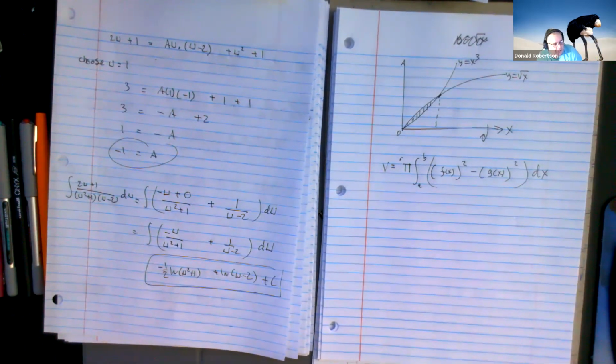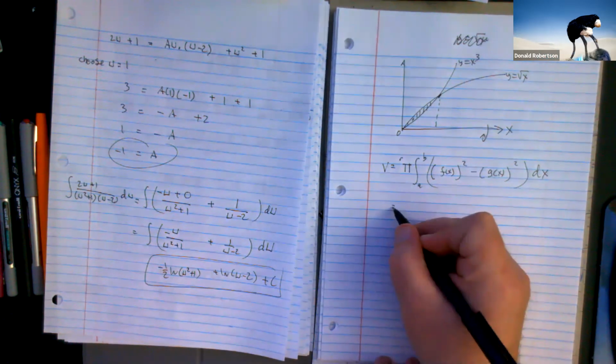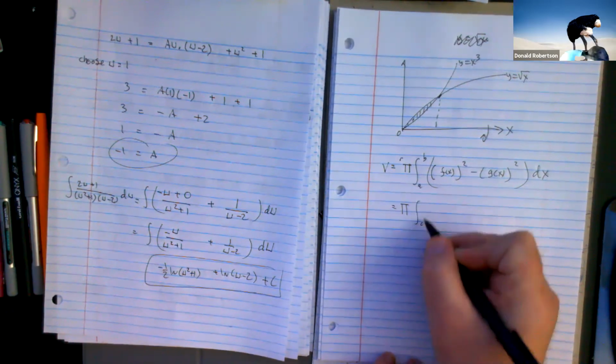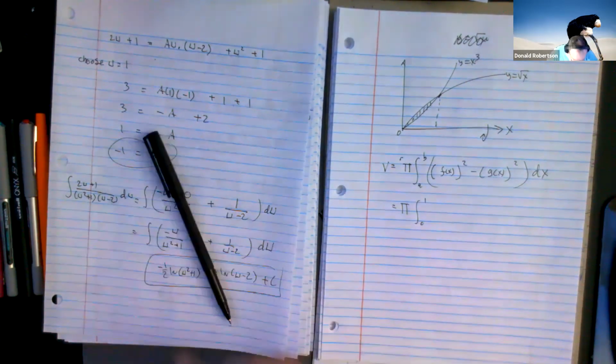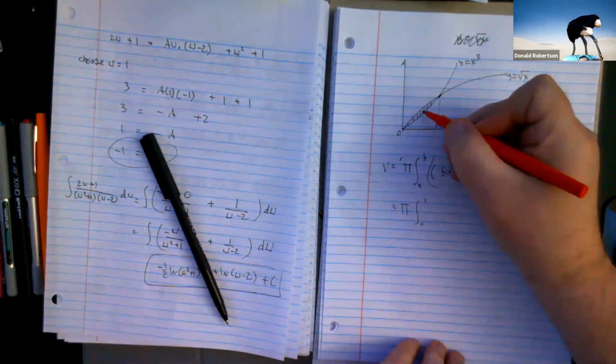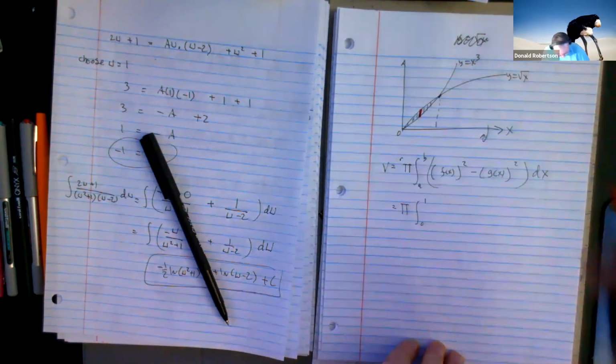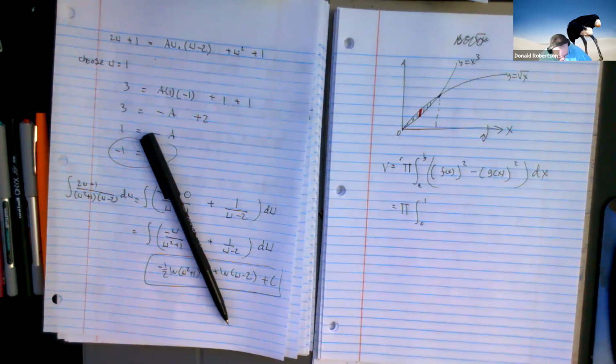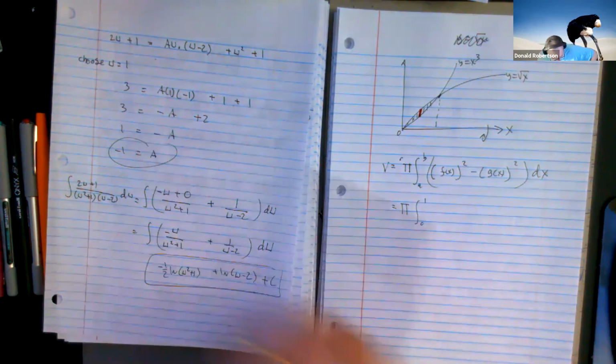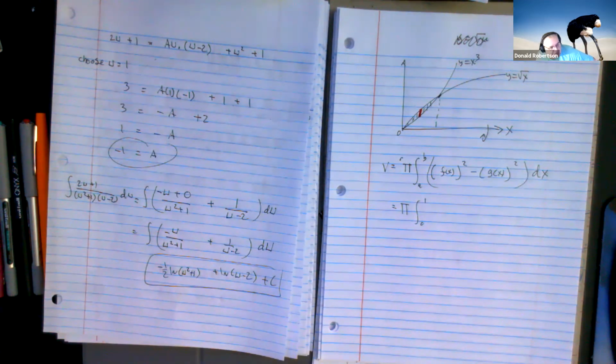You remember that formula for rotating the area between two curves about the x-axis. So there's pi, it's going to be 0 to 1. There is a decision to be made here. If I do a little baby vertical rectangle, which one goes first? The square root or x cubed?